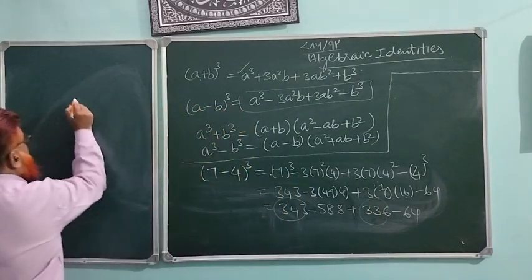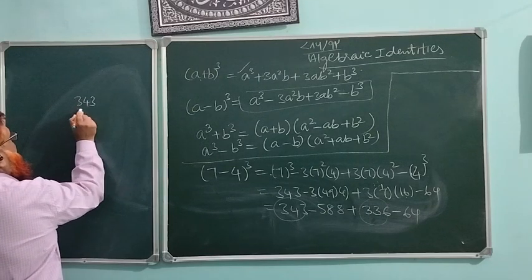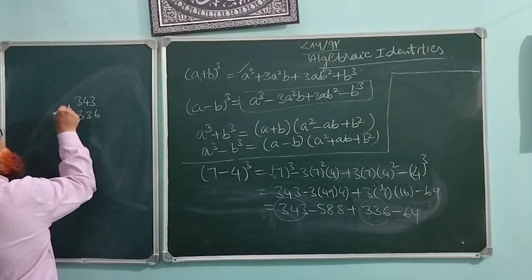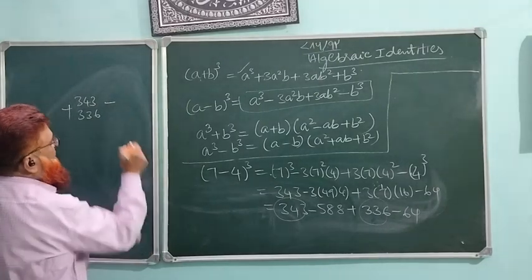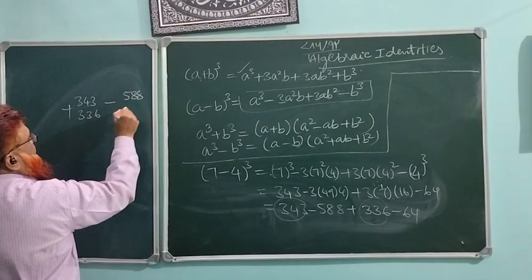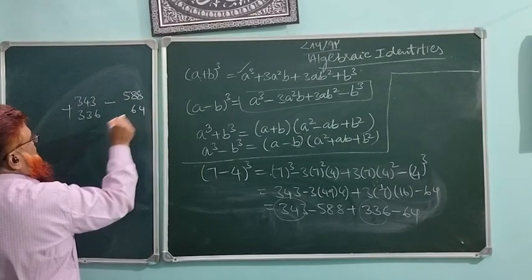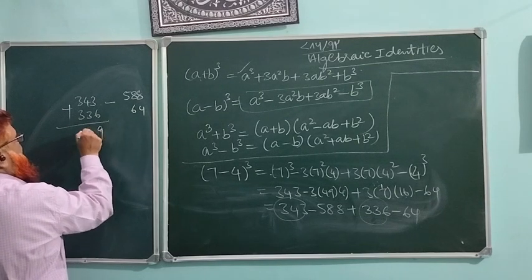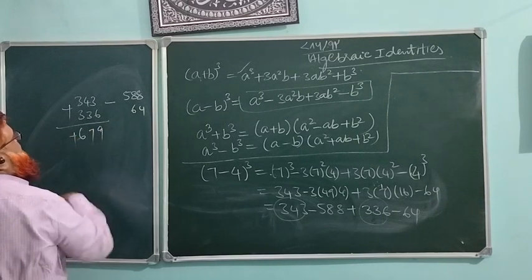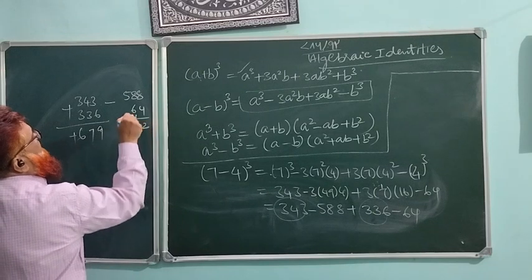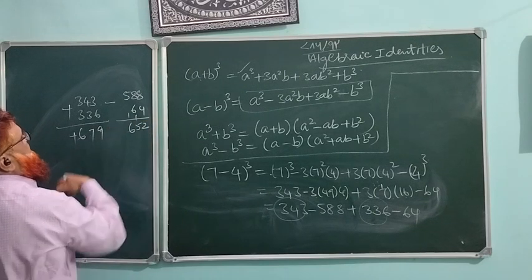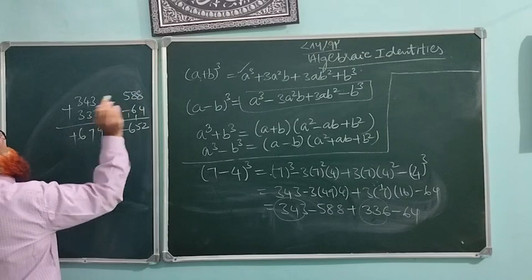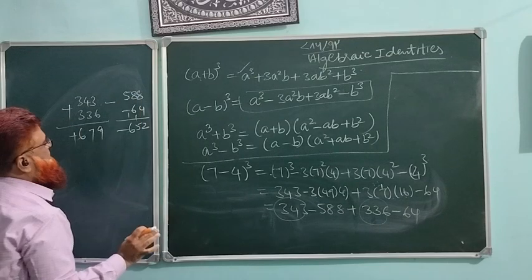Add it. 343, 336. Both are positive. And both are negatives: 588 and 64. Add the like terms. It is 9, it is 7, it is 6, plus 679. And it is 12 and it is 15 and it is 652. It is a minus 652, it is plus 679.